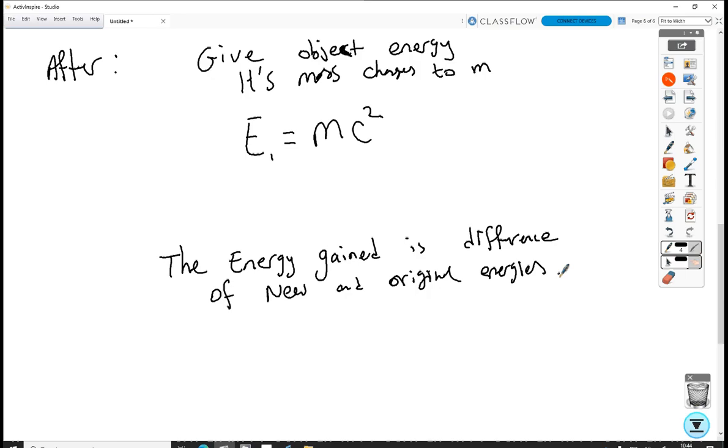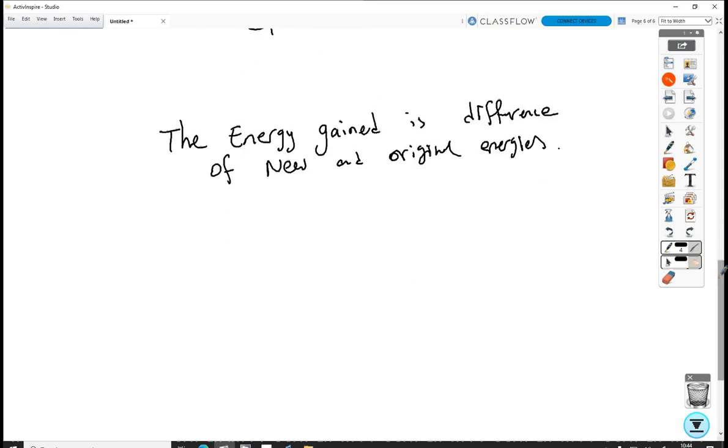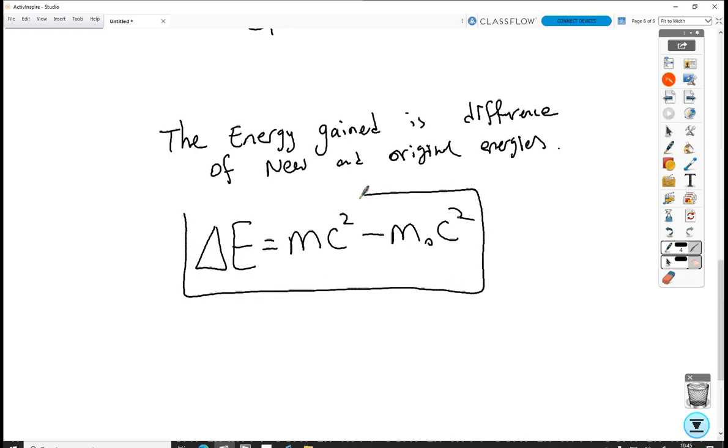So the gain of energy, the delta E, is equal to mc squared minus m naught c squared. I'll put a box around that.